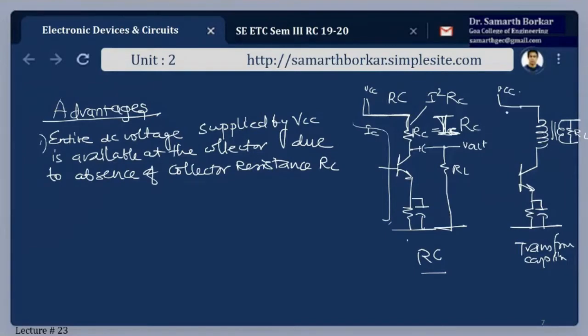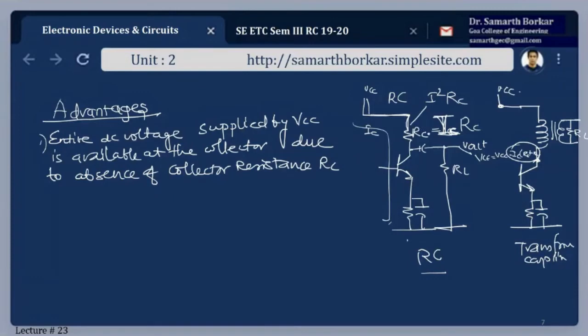In other words, the entire DC will be available at the collector terminal. So this is the major difference here. Finally, what is the output voltage? If I want to write the expression here, output voltage VCE will be VCC minus IC into RC plus RE. So this term is simply getting wasted here, the voltage drop.